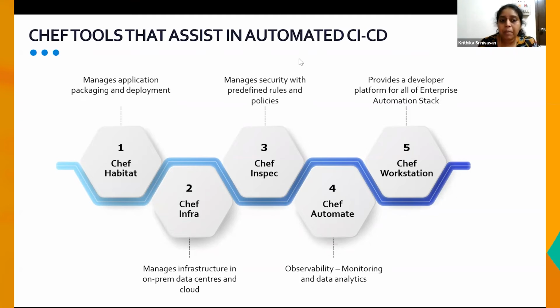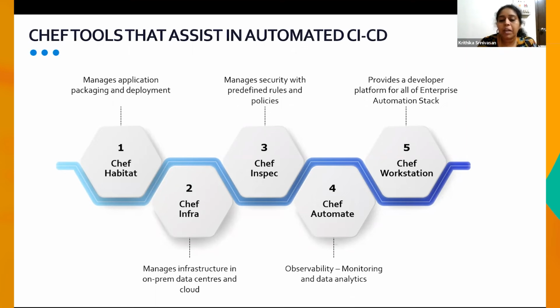So Chef Habitat basically manages the application packaging and deployment. And Chef Infra manages infrastructure. Both hold good for both on-premise and cloud. And Inspec deals with security policies and predefined rules that we set, say, for example, in the previous example.